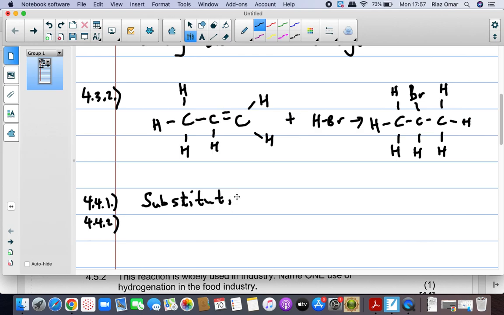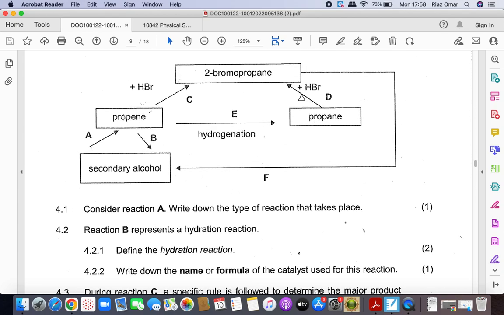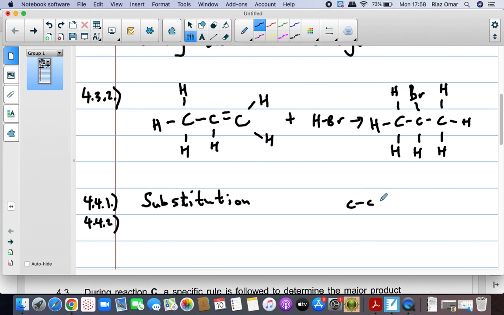Here's propane with 3 carbons, it's got the hydrogens around it, and then it's becoming bromopropane. The carbons are still there.